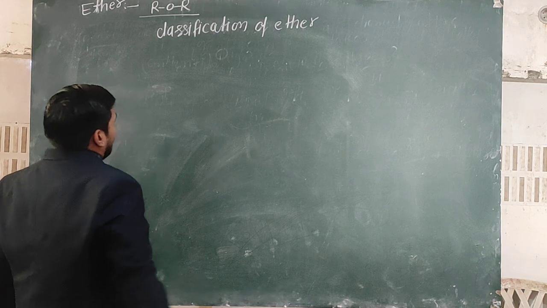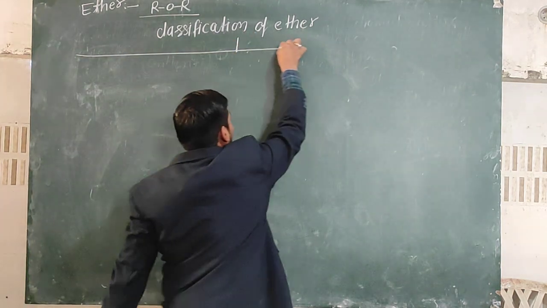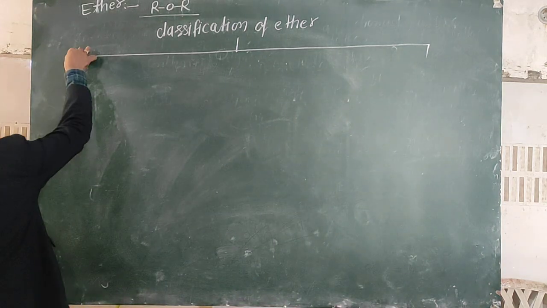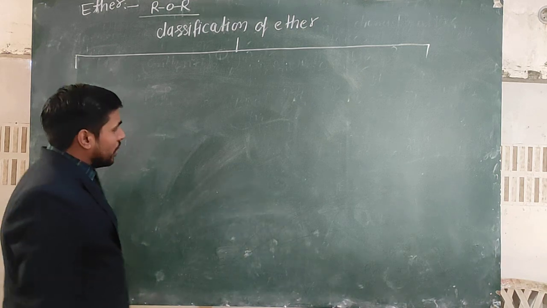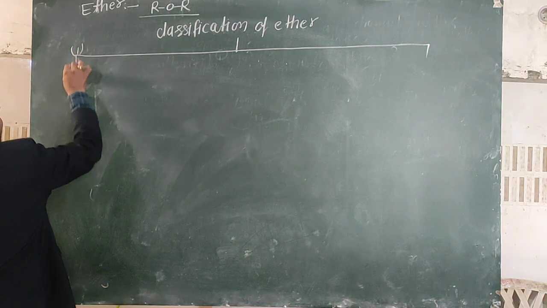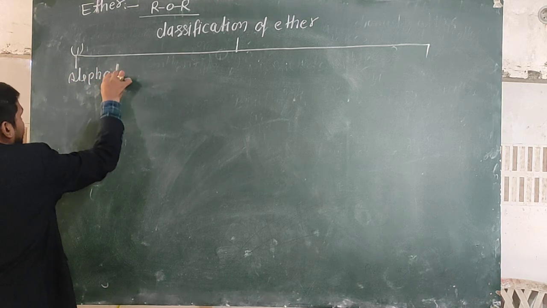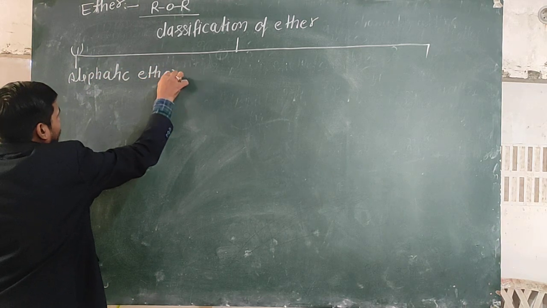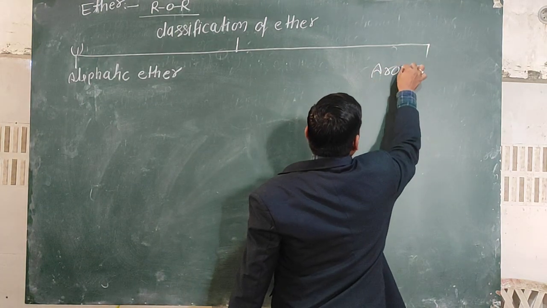Okay, actually on the basis of aliphatic hydrocarbon and aromatic hydrocarbon, ethers are classified into two categories. First is known as aliphatic ether. Second is known as aromatic ether.